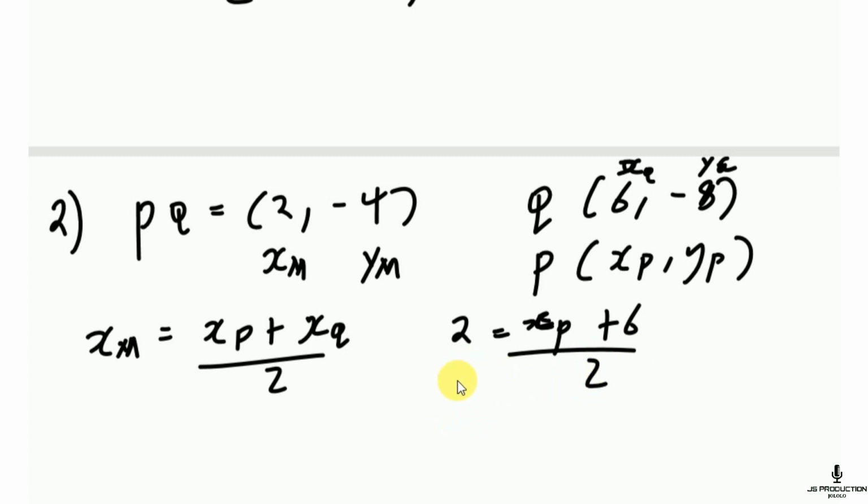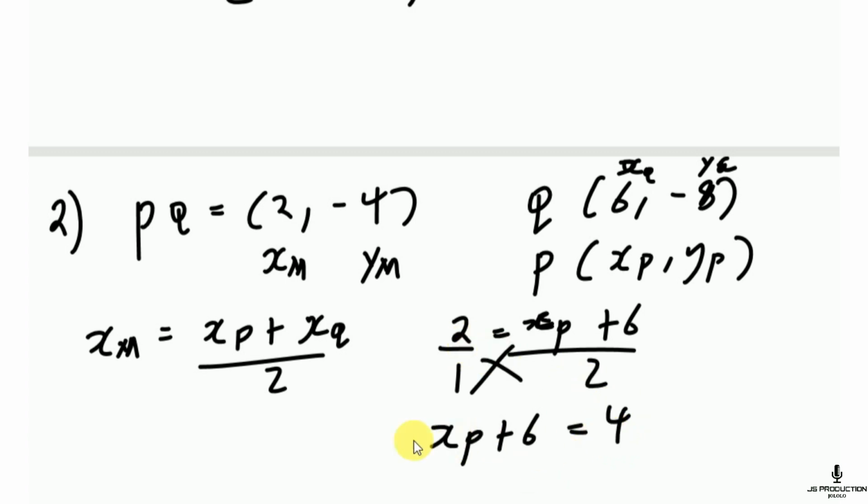Then from this we can say divided by 1, and we cross multiply. If we multiply 1 and xp plus 6, we're going to say xp plus 6 is equal to 2 multiplied by 2, that's 4.